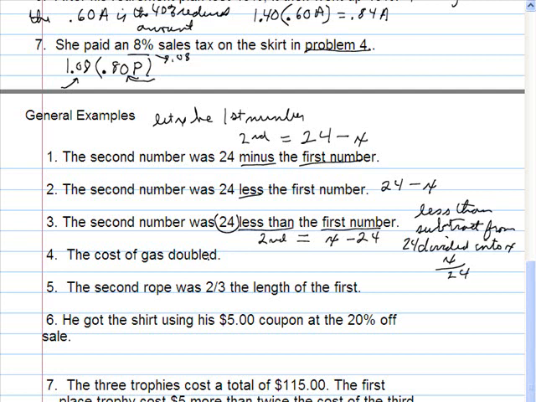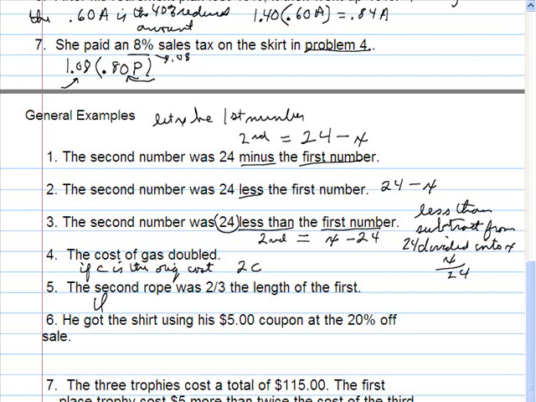The cost of gas doubled. If C is the original cost, then 2C is the doubled cost. The second rope was 2/3 the length of the first.